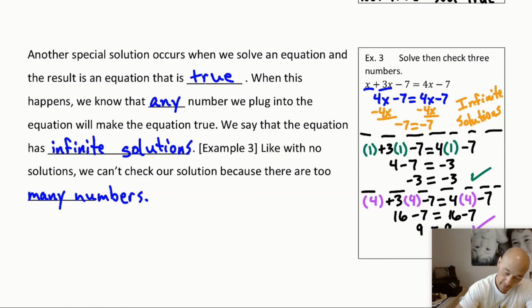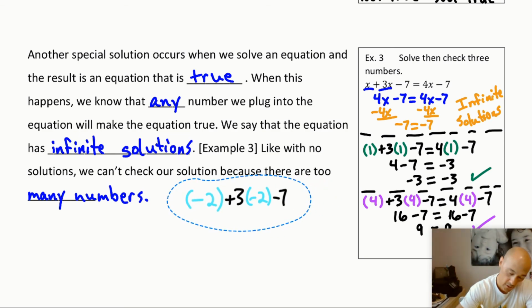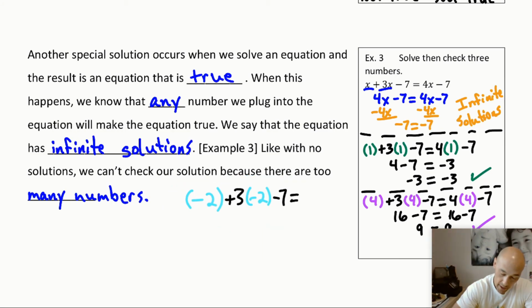We're going to have negative 2 plus 3 times negative 2 minus 7, and I'm going to need to scoot that over. You probably don't have it digitally like this, so I apologize if I led you down a bad path there. All right, so I've plugged everything in.